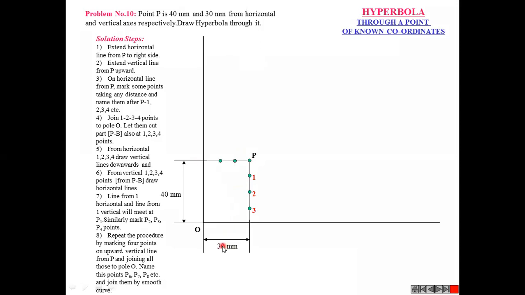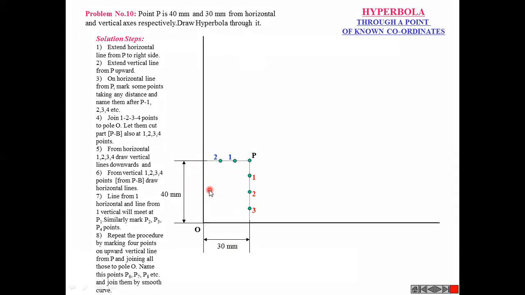This is 30 mm divided by 10 mm, so 3 divisions. The numbers will be the points, so 1, 2, 3 and 1, 2 only, but the divisions will be 3. Is there any doubt up to this? No, sir. Okay. So this is what we have divided.